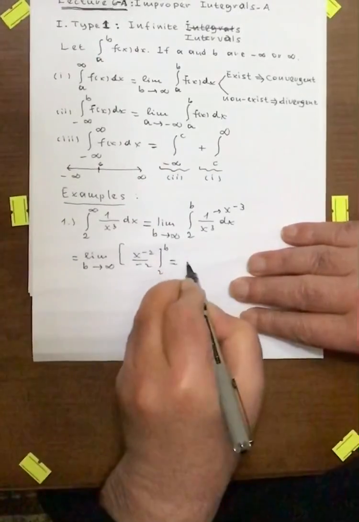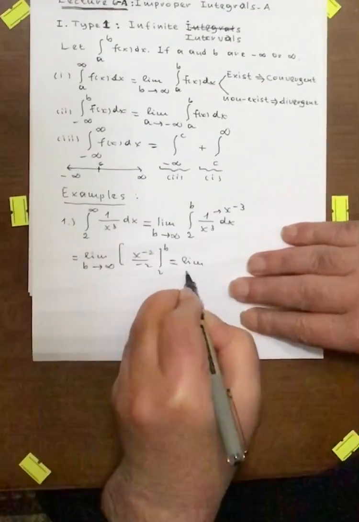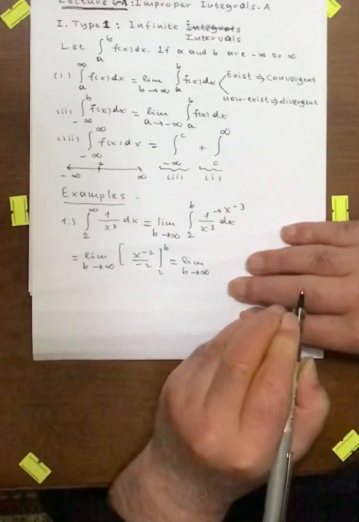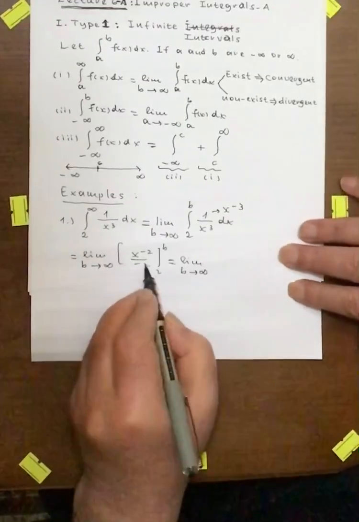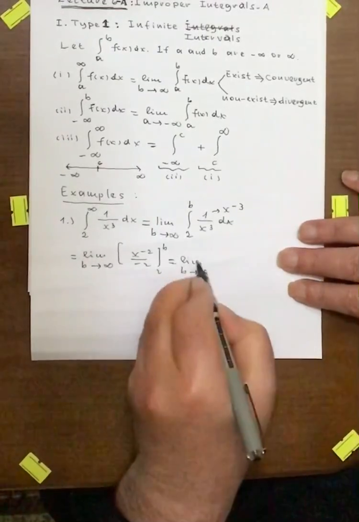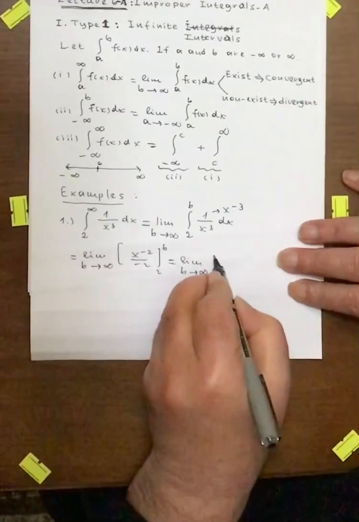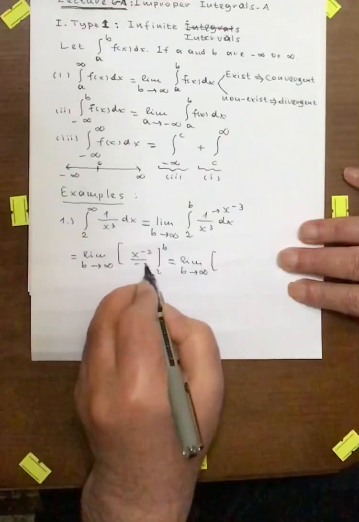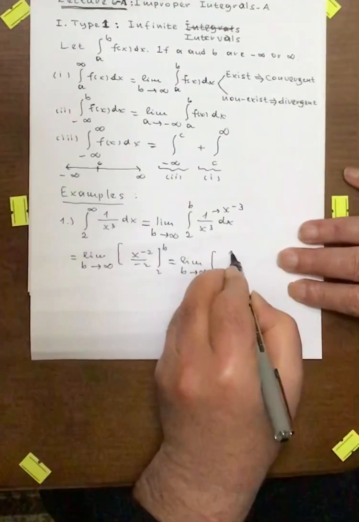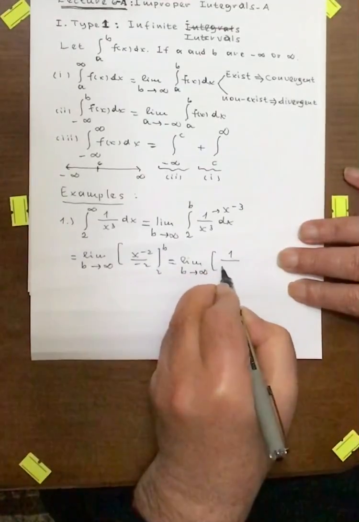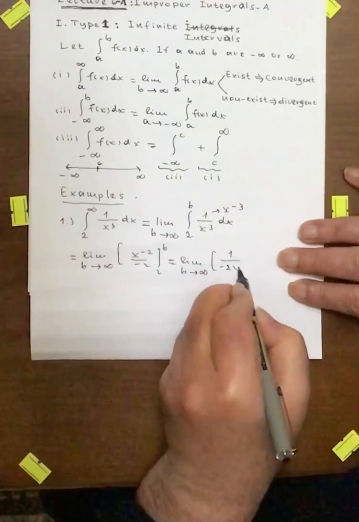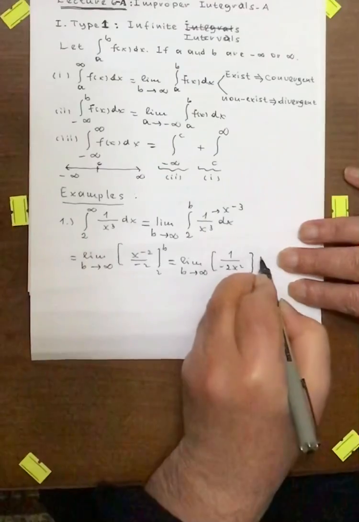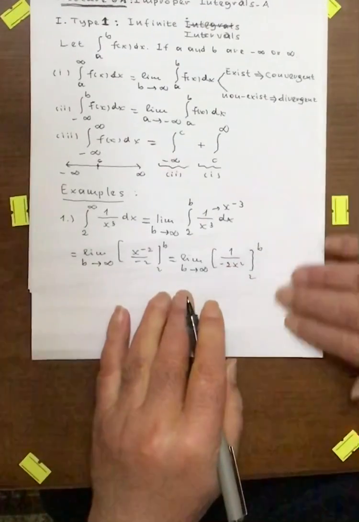Okay, limit b approaches infinity. I think we can write this bracket like this: 1 over minus 2 x square from 2 to b.